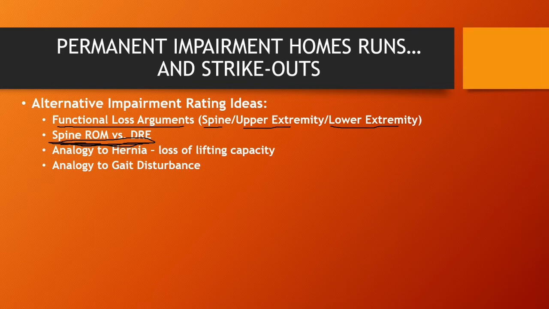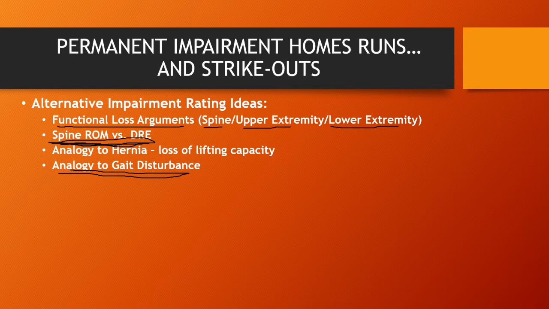Probably the best example of this had to do with the Cannon case, where police officer Cannon had a post-plantar fasciitis condition, wherein the agreed medical evaluator in that case provided for a generous permanent impairment rating when Officer Cannon actually had none of the components of a gait disturbance, had no actual limp, no actual antalgic gait, no documented degenerative changes of the ankle, knee, or hip, and really did not qualify for gait disturbance impairment under the strict application of the AMA guides.